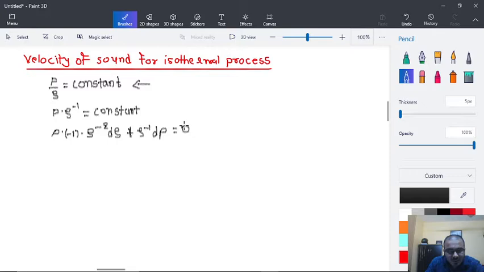So now we will be dividing the equation with rho inverse 1.